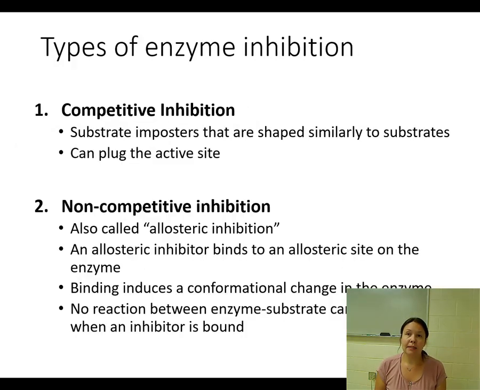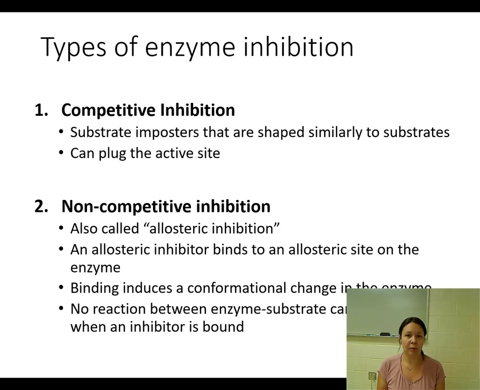Now, enzymes don't always need to be on in the cell. Sometimes they are inhibited. And so there are two types of enzyme inhibition that occur in the cell. So one's called competitive and the other one is called non-competitive inhibition. So competitive inhibition means that there is something in the cell that looks like the substrate.